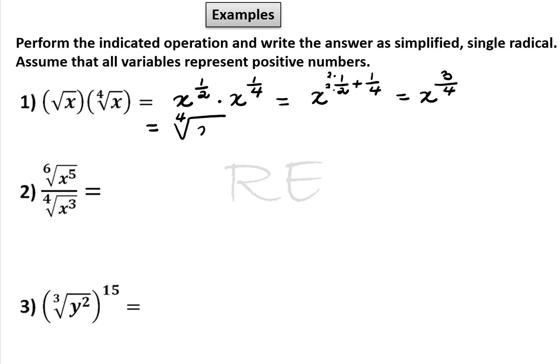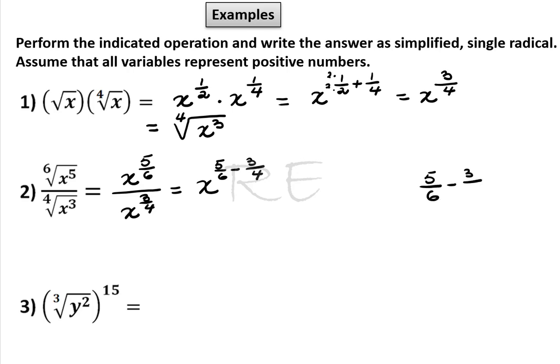The denominator is the index, and the numerator the exponent of the radicand. 6th root of x to the 5th is x to the 5 over 6. 4th root of x cubed is x to the 3/4. The division becomes x to the 5/6 minus 3/4.